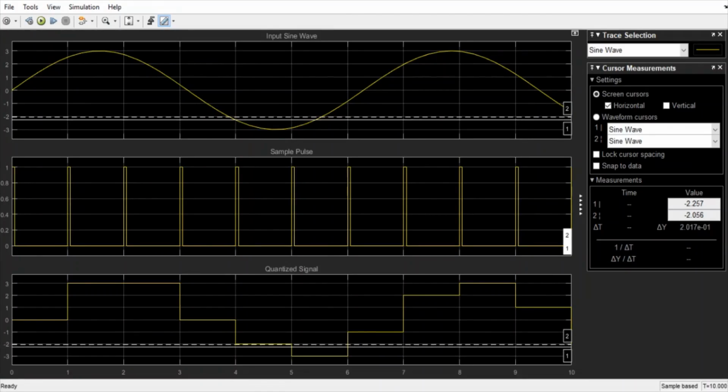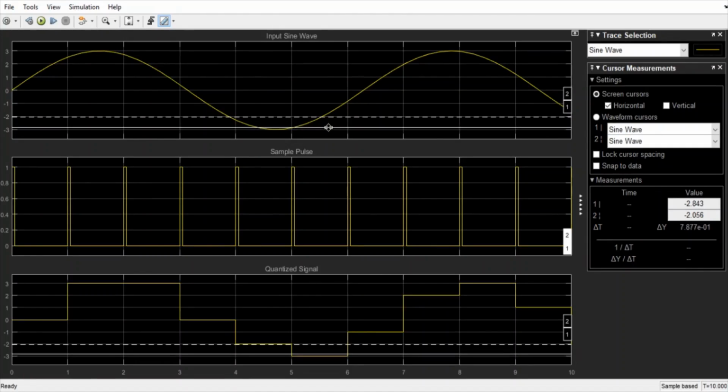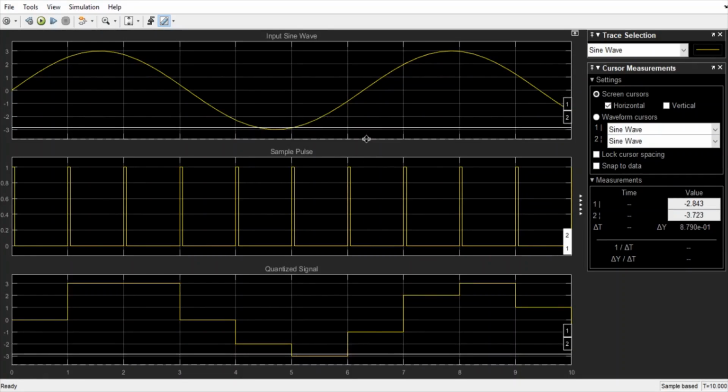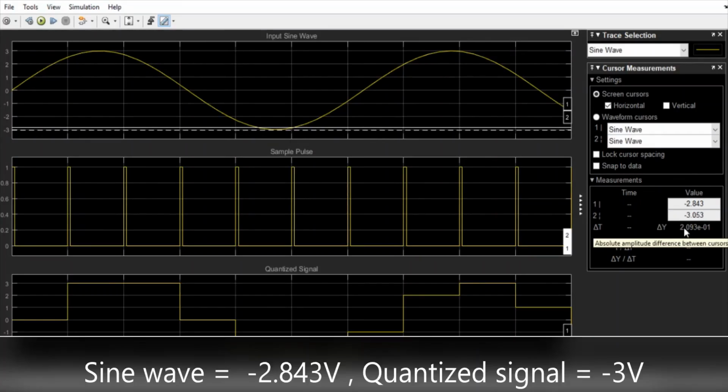For the sixth pulse, move the cursor to where the sixth pulse occurs, approximately here: minus 2.843. This is the value for the input sine wave at the sixth pulse. For the quantized signal, it is approximately minus 3.053, so you just write minus 3.